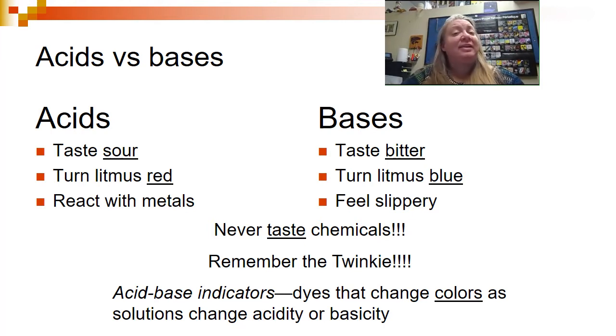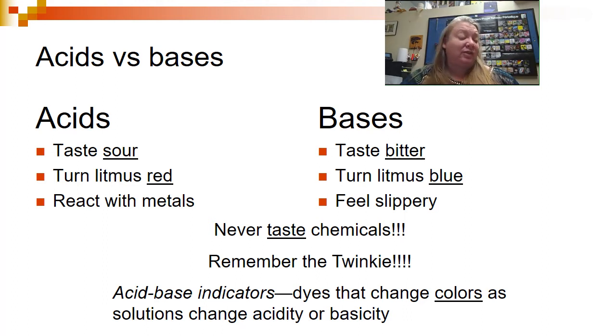Now, litmus is an example of an acid-base indicator. Down on the bottom of the slide, it says acid-base indicator. This is a dye that changes colors as you change the acidity or basicity, how much of a base that solution is. Litmus changes at a pH of around 7 to 8.